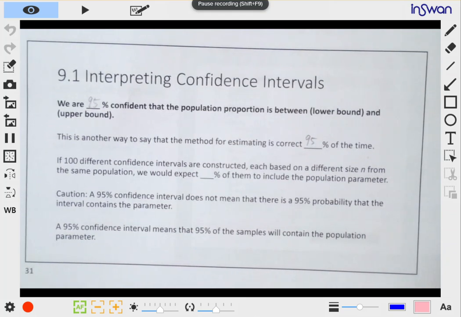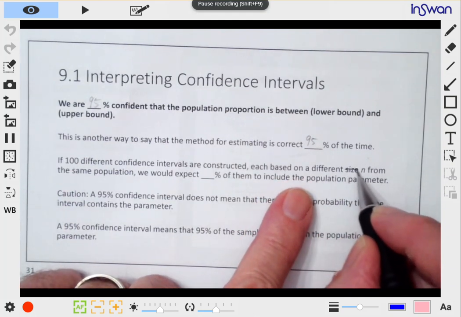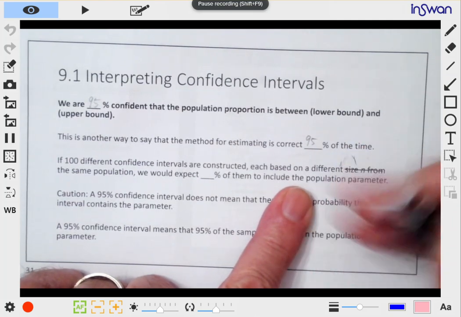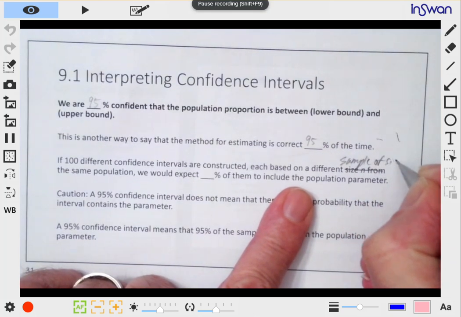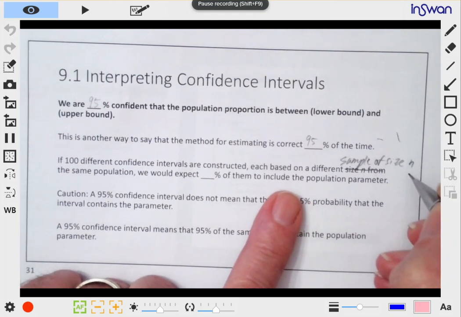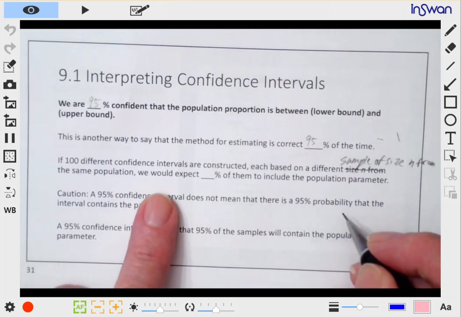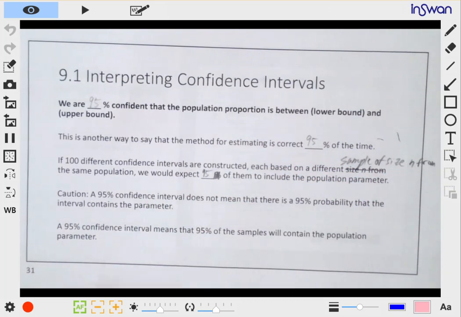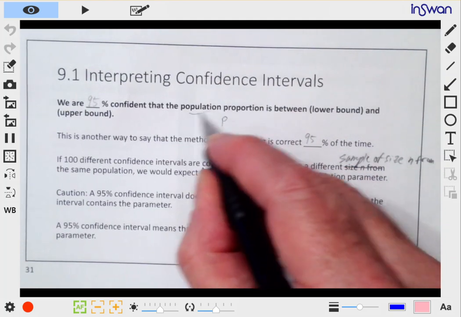If 100 different confidence intervals are constructed, each based on a different sample of size n from the same population, we would expect 95 of them to include the population parameter, which in our case is p.